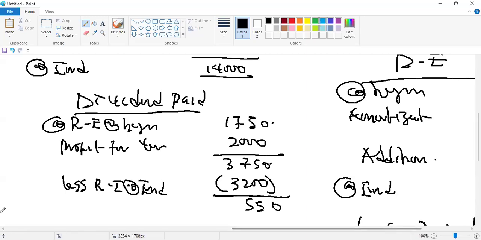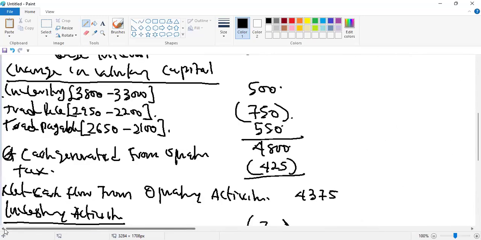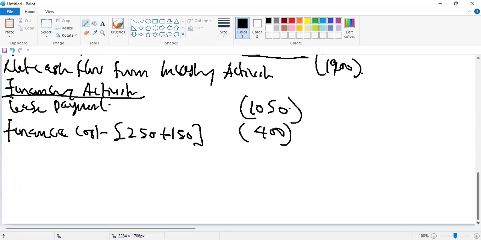So dividend paid, financing, 550. 550. Five five zero.